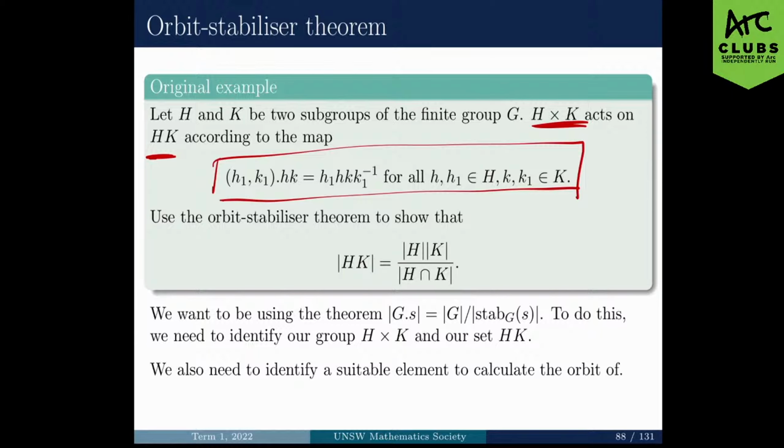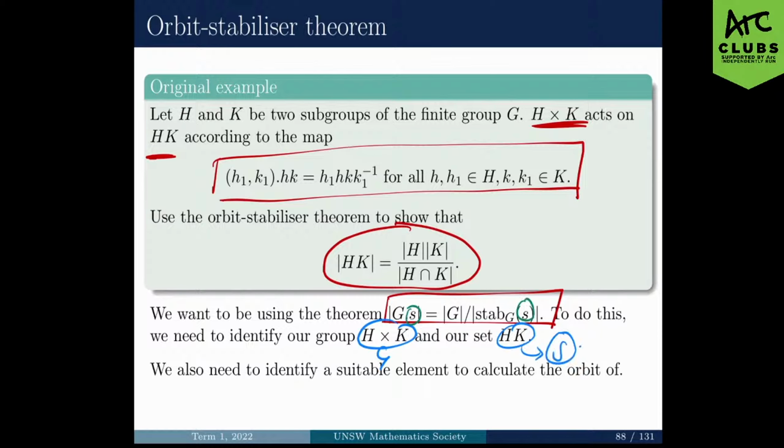So clearly we want to be using that second corollary: the size of the orbit times the size of the stabilizer equals the size of the group. To do this we need to know that G is equal to H times K and S is equal to HK.